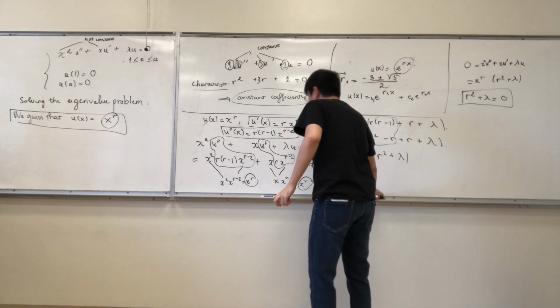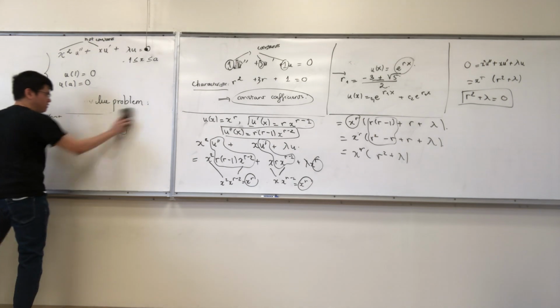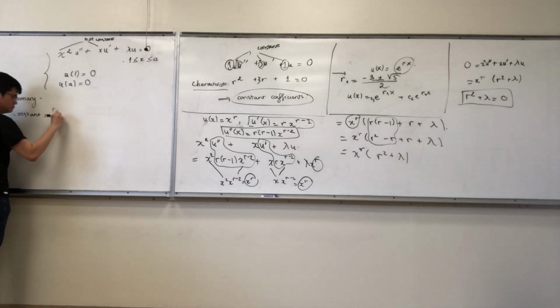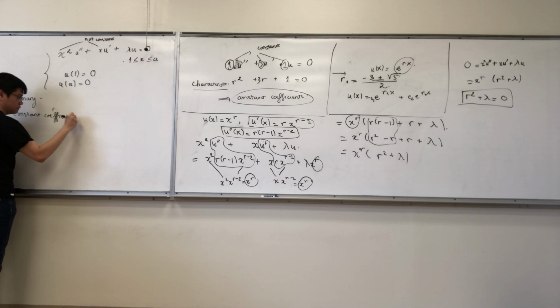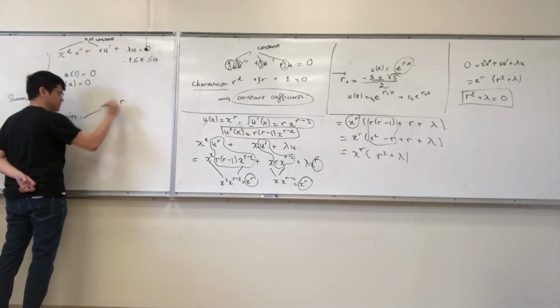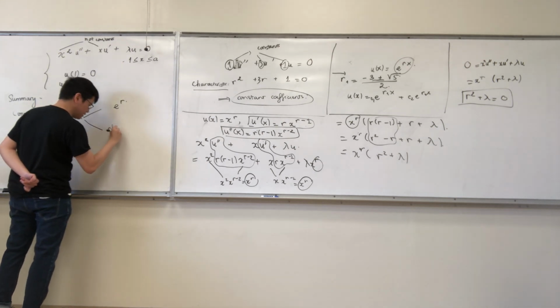So to summarize, only in this class. Summary: constant coefficient, you have e to the r, and then you have the characteristic equation.